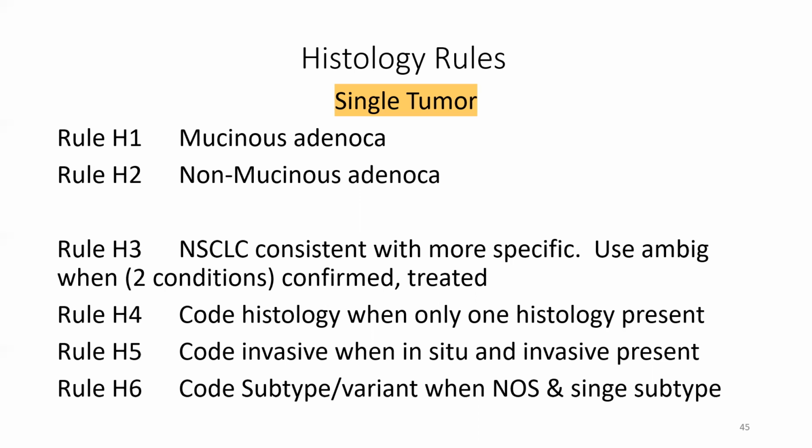In H6, code the subtype variant when you have an NOS and a single subtype. So this is in keeping with coding the more specific histology.